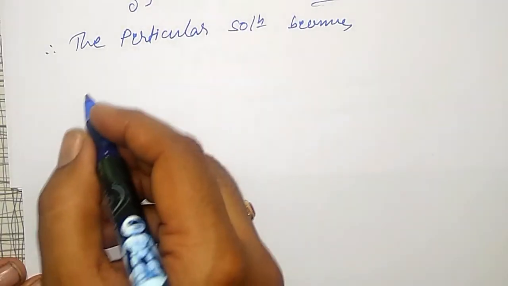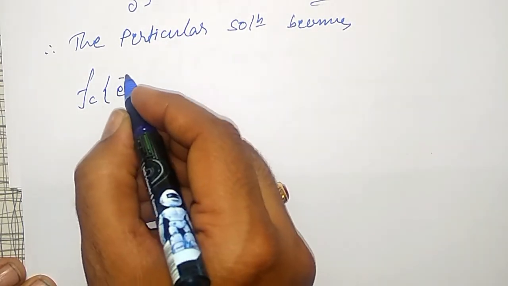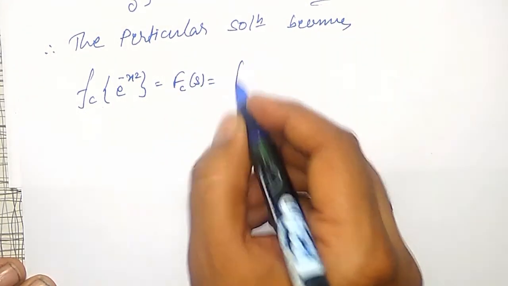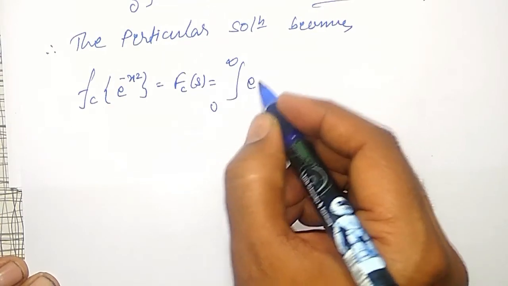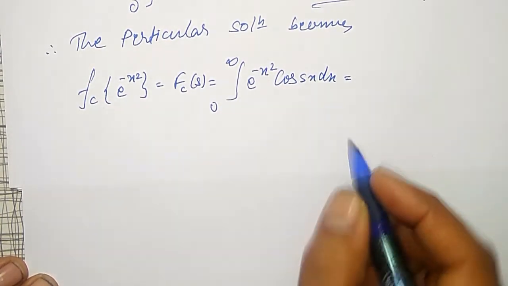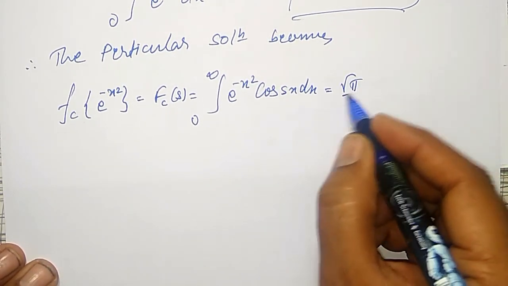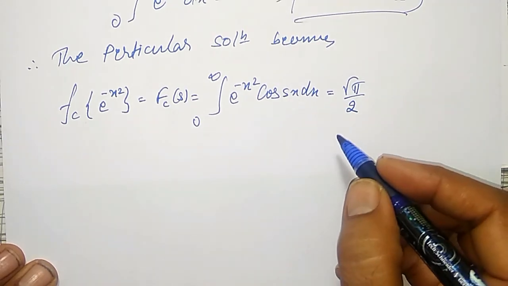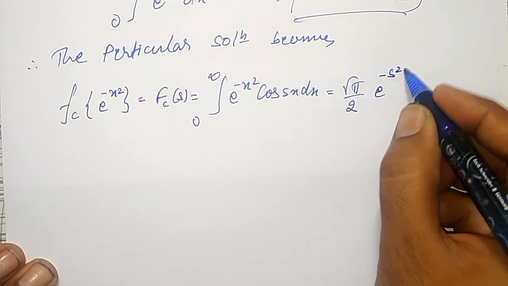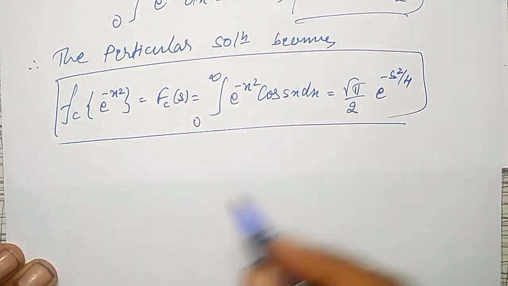Therefore, the Fourier cosine transform of e to the power minus x square, that is Fc of s, integration from 0 to infinity e to the power minus x square cos sx dx is equal to c into, c is root pi divided by 2, into e to the power minus s square divided by 4. This is the required answer.